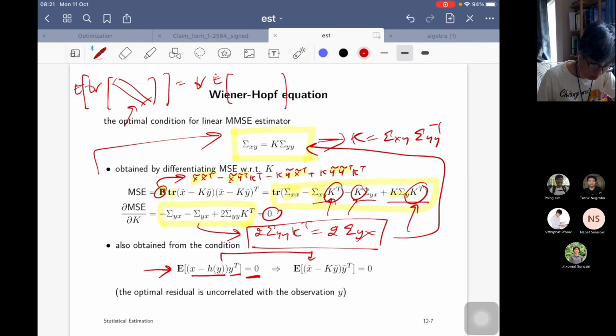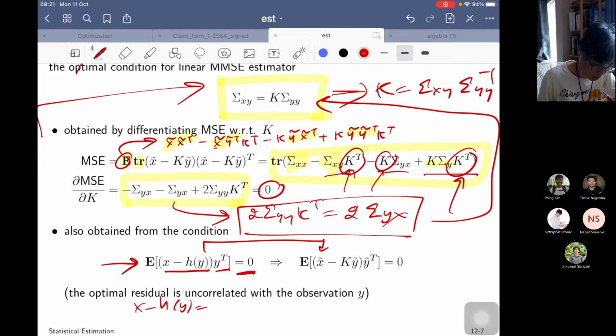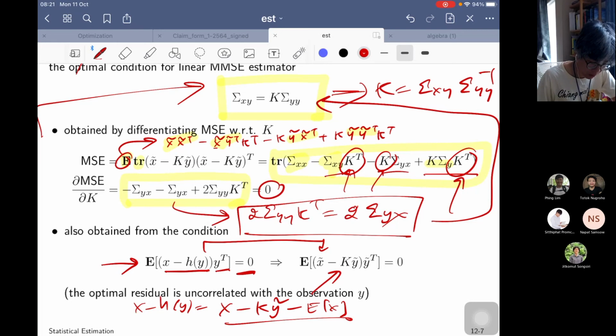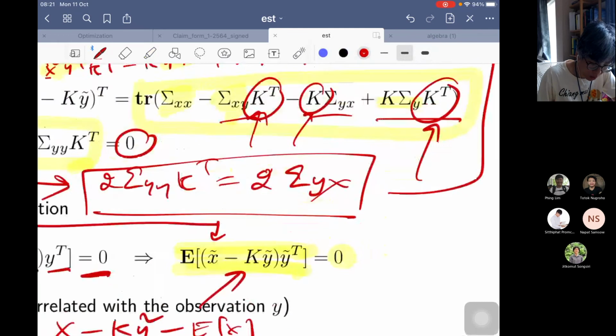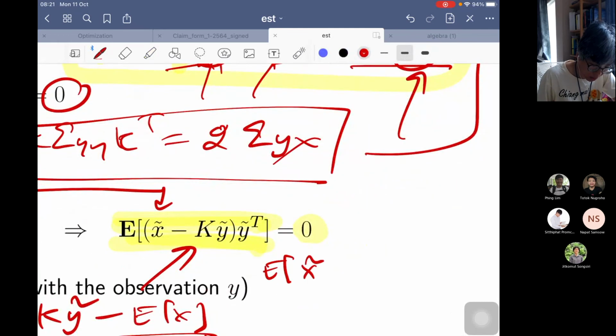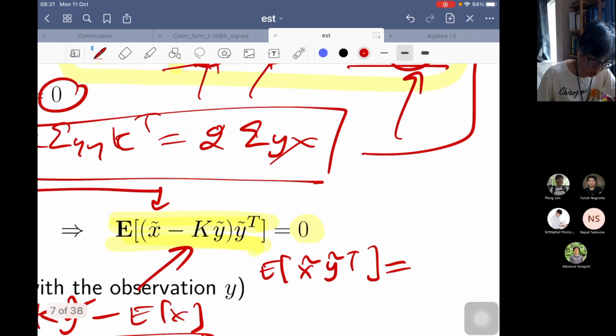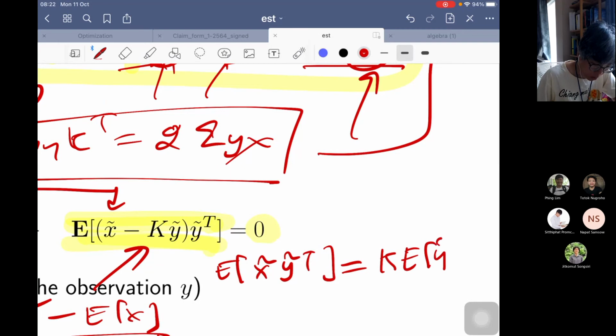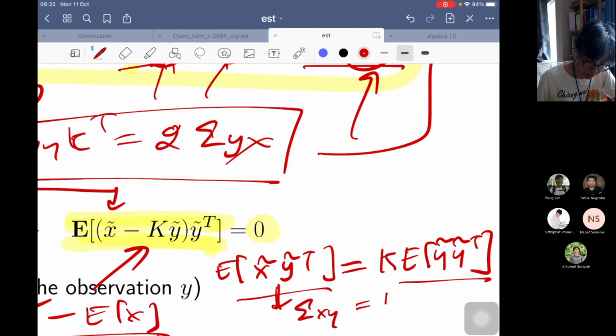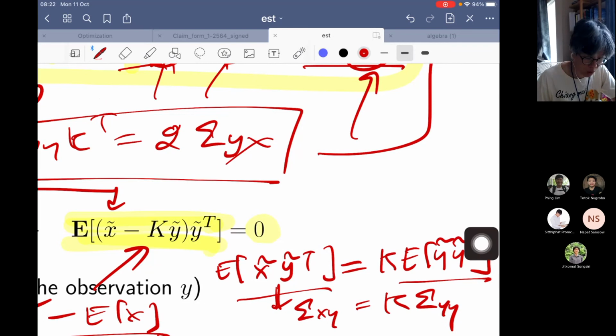This is equivalent because x minus hy is x minus k y tilde minus E of x, which is the same as x tilde minus k y tilde. The expectation of this whole thing equals 0 will give you the same condition as the Wiener-Hopf equation, because it says E of x tilde y tilde transpose equals k times E of y tilde y tilde transpose. That is sigma xy equals k sigma yy, the same as the Wiener-Hopf equation.